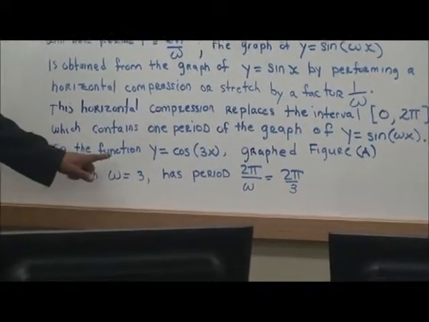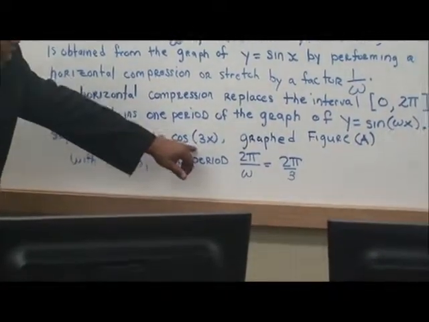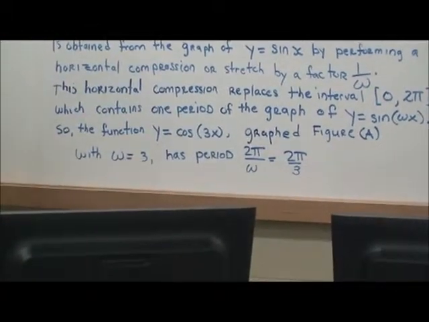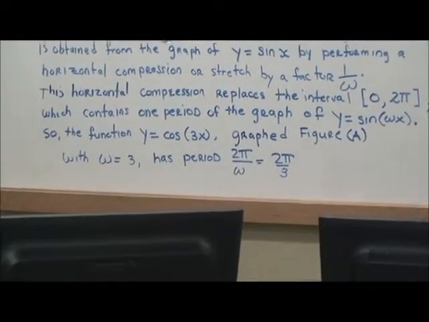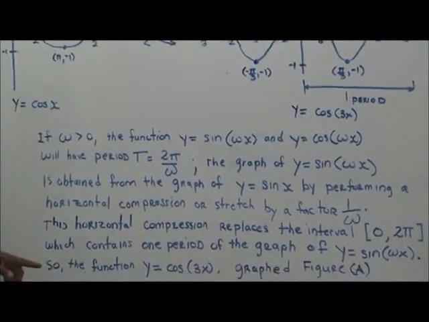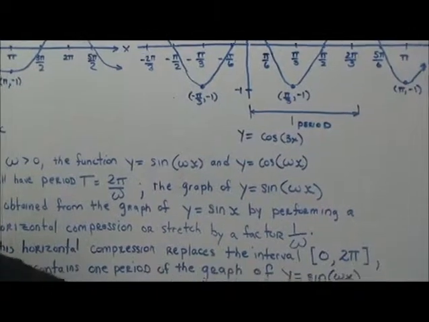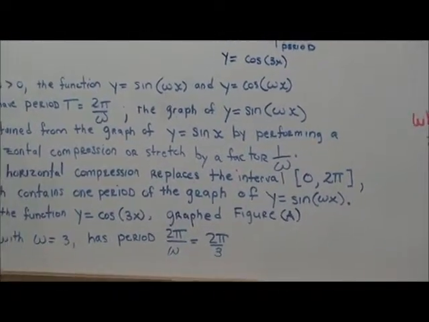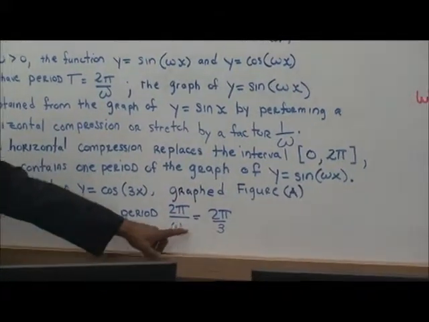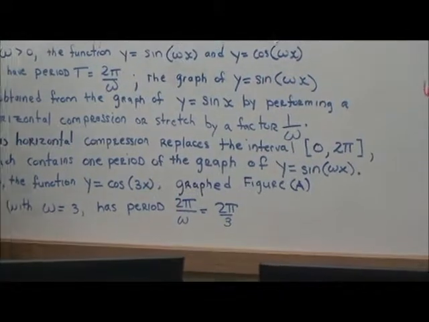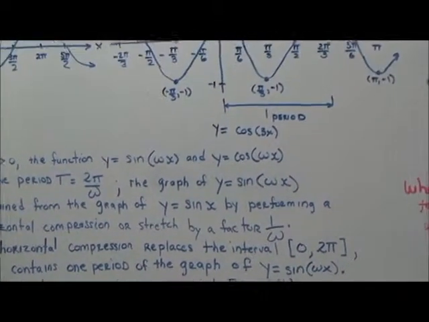And so the function y equals cosine 3x is graphed right here in figure A, with omega equal to what? 3. And that has a period of 2 pi divided by omega, which is equal to what? Omega being 3, it's going to be 2 pi divided by 3.